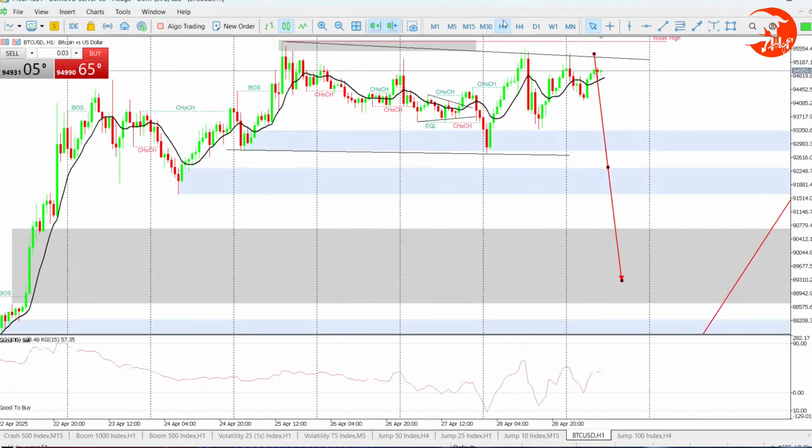We've been waiting for retracement for God knows like a whole week, since the 23rd. Yeah, we got a break of structure on the 24th. Once we got a break of structure, we started to consolidate.